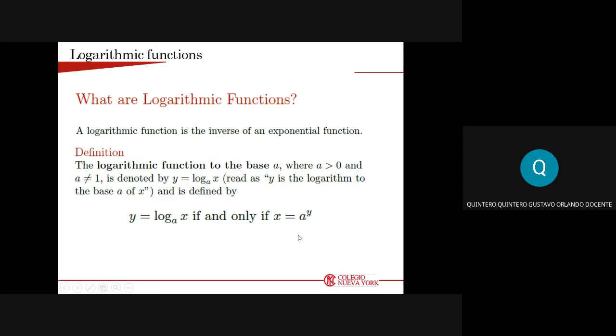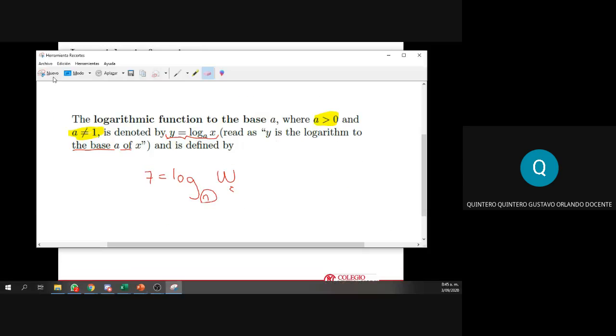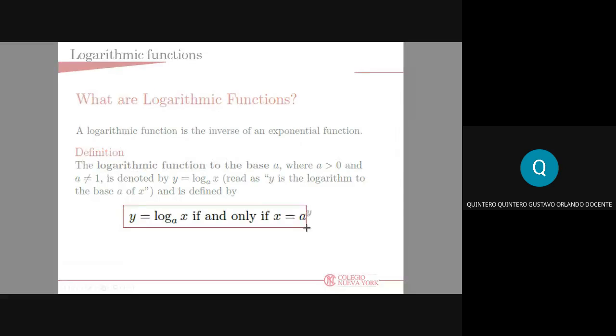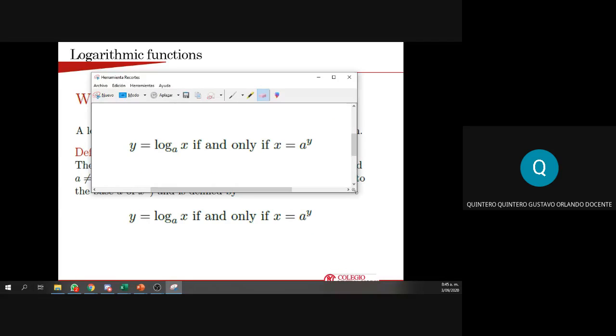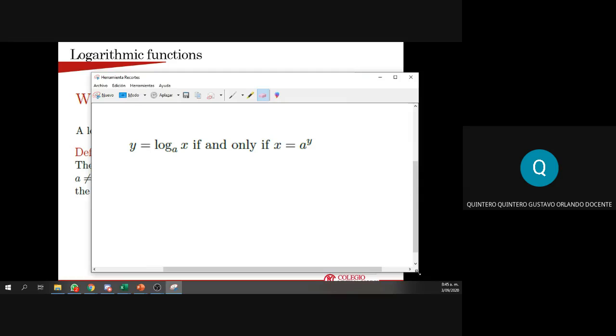Now, we have a quick way to transform a logarithm into an exponential and an exponential into a logarithm. Take a look at this. You can change logarithms like this. All you need to do is follow the order. So you can change this expression into this one.